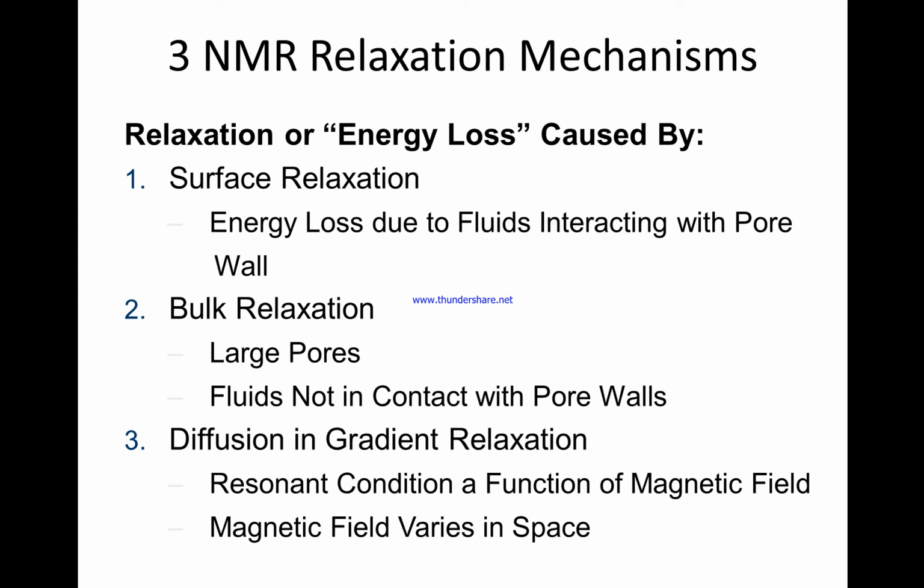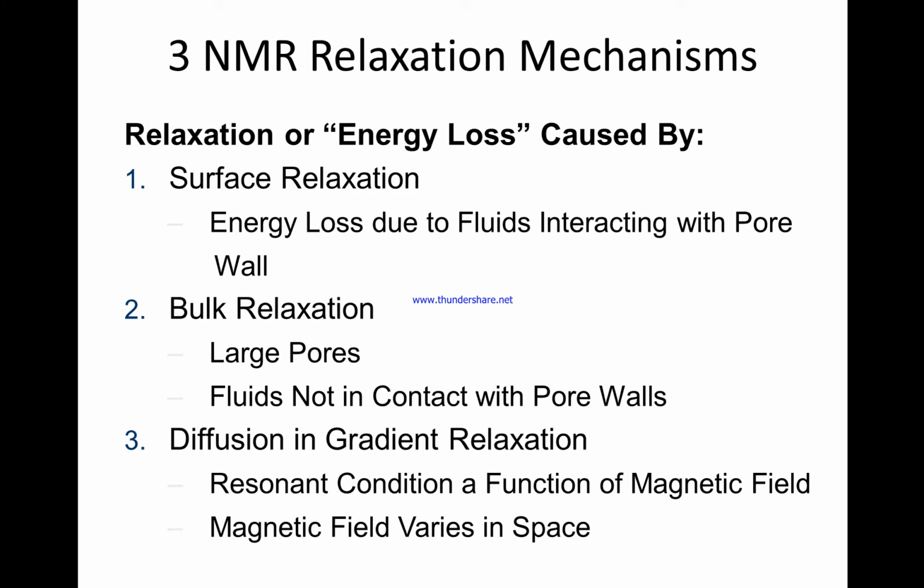You know, the rock has grains that interact with each other through cementation, and there is some void space, or permeability paths, inside this rock. The hydrogen inside the fluid in this pore space interacts with the surface of the grains and in this case loses some energy, and that is called surface relaxation. Simply, bulk relaxation is due to the interactions between the hydrogens with each other.